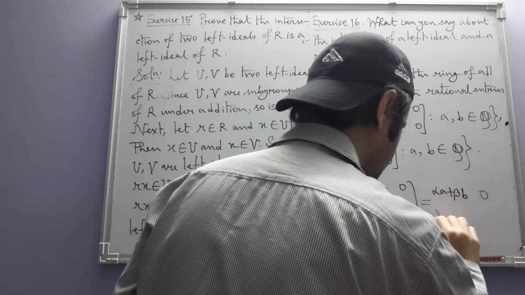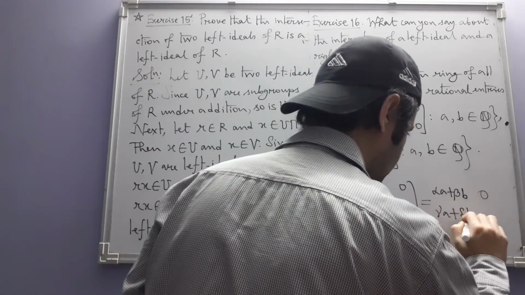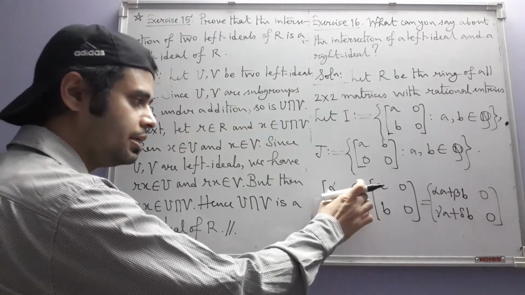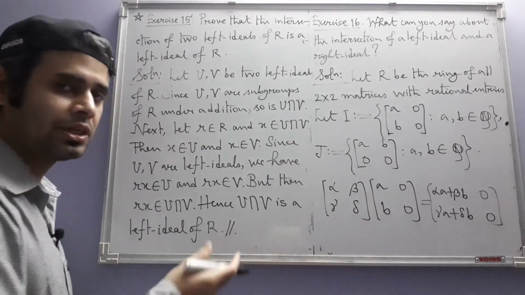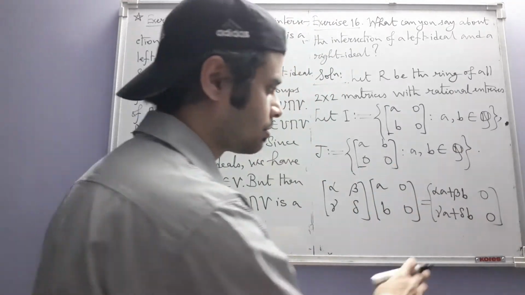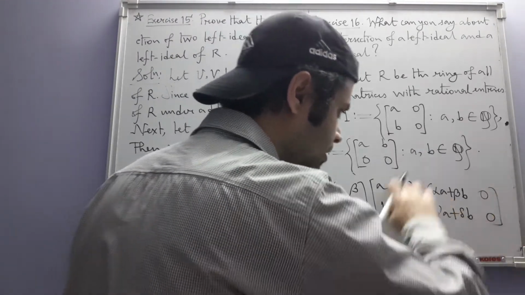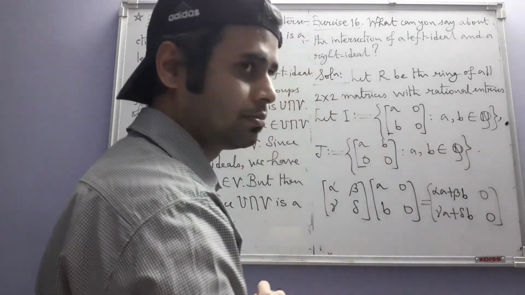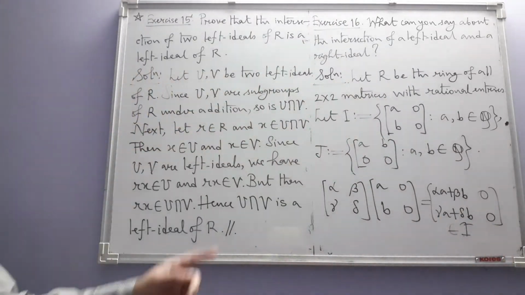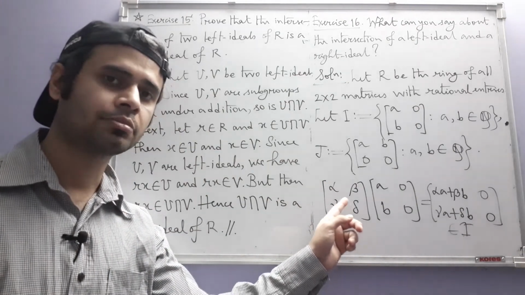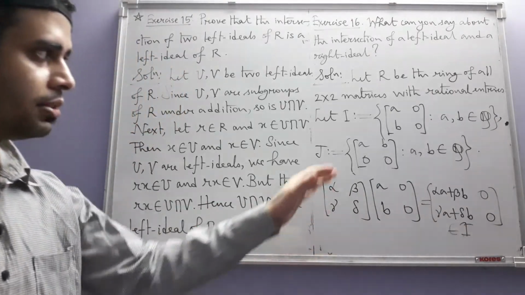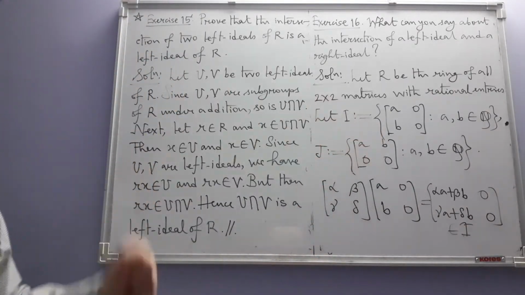Gamma A plus delta B, and then 0. Since all the alpha, beta, gamma, delta, A, B are rational, these two are also rational. And this matrix again has the same form, so this belongs to I. So multiplying any element of I by an arbitrary ring element from the left hand side lands us inside I. That tells us that I is a left ideal.